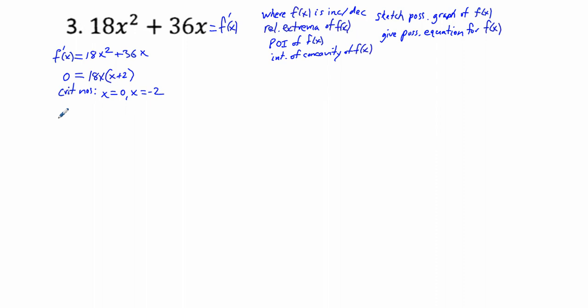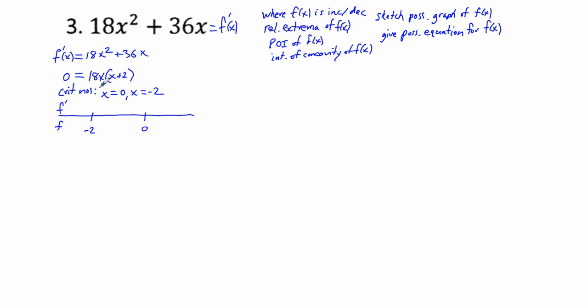Next, for analysis purposes, we're going to construct a number line with the critical numbers -2 and 0. Up above, I'm going to put f prime, and below the line, I'm going to put f. Then we analyze this equation, 18x times x plus 2.